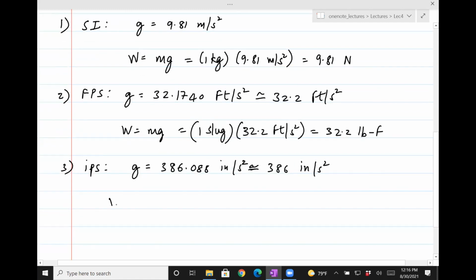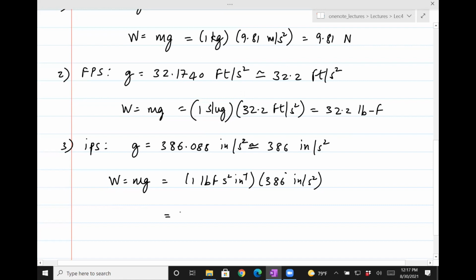And so the weight, which is mass times gravity in this unit, is 1. Now there's no slug here, so it's lbf second square inch inverse times 386 inch per second square. And so comes out to be 386 lbf.